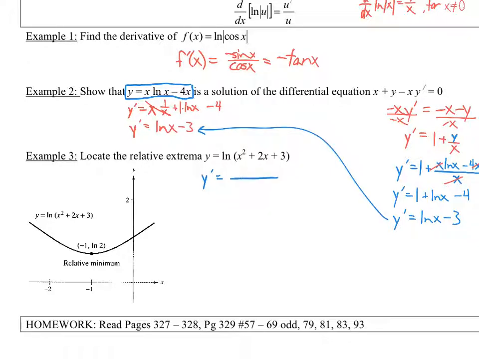So that's the derivative of the inside, 2x plus 2, over the inside, x squared plus 2x plus 3. So, to get critical values, what do we have to do? Set it equal to 0.